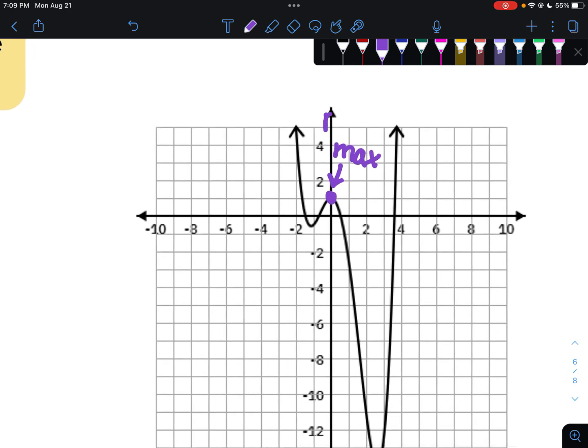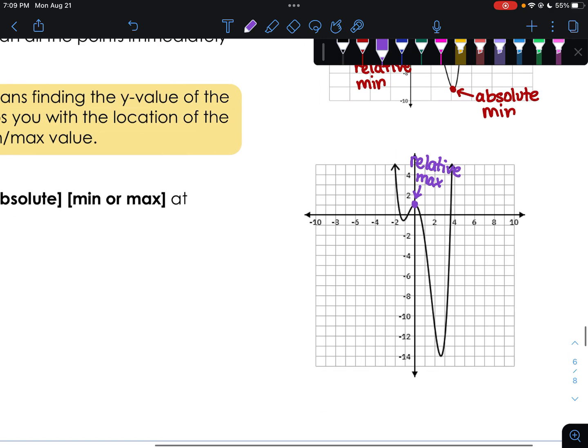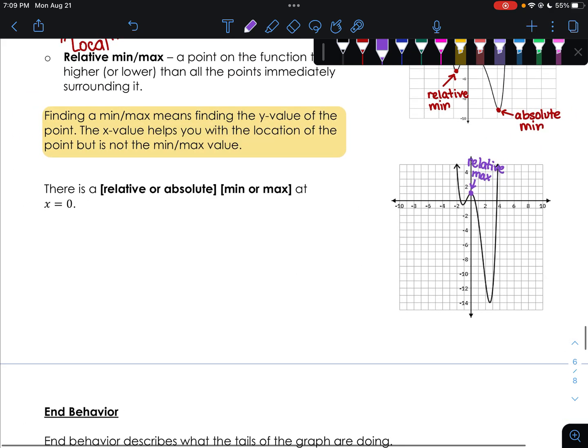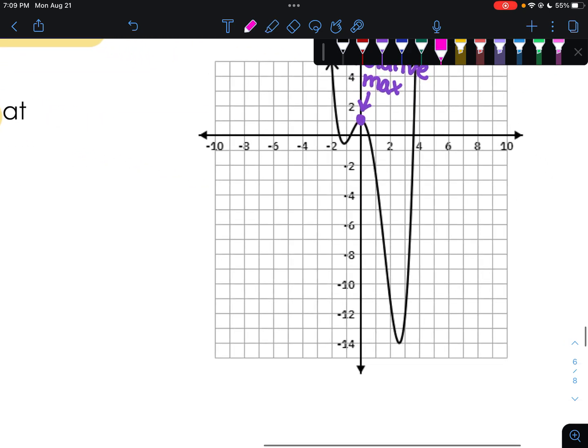So this is a relative max. Okay, so it is relative and it is a max. Just to keep going with it, this point right here is a relative min. I'm going to abbreviate relative on this one. And then this point right here is an absolute min, and I'm also going to abbreviate that just so you can see.